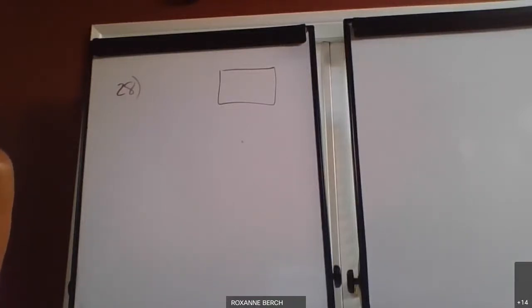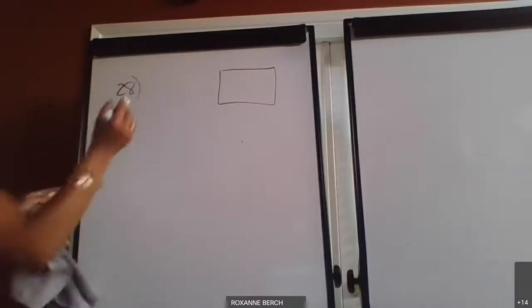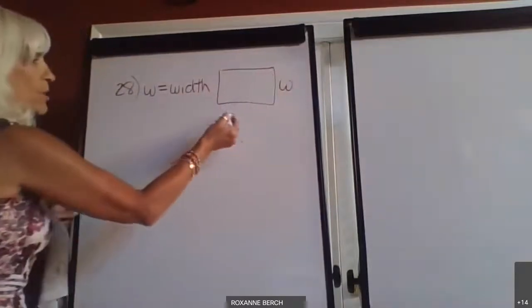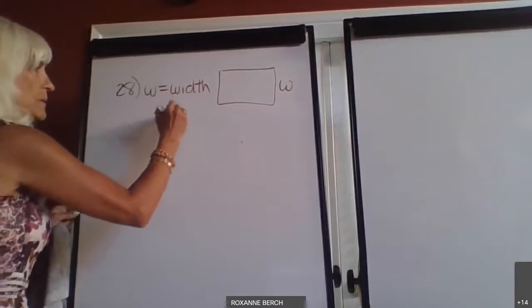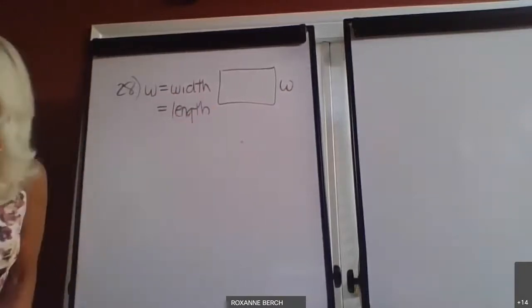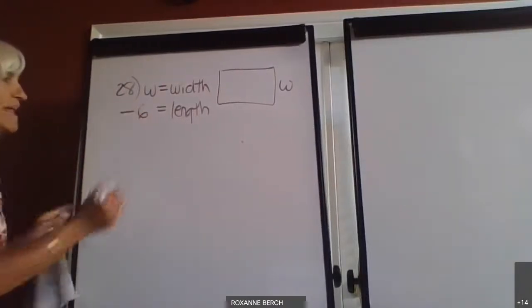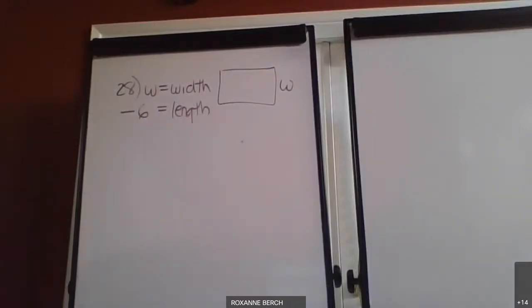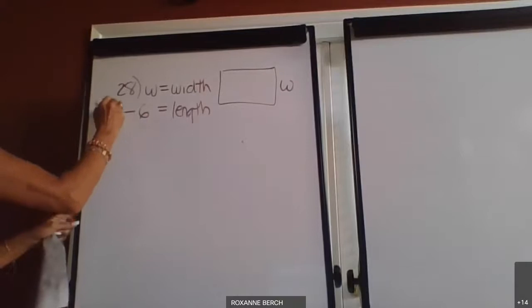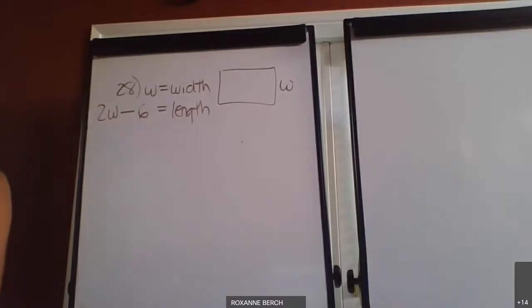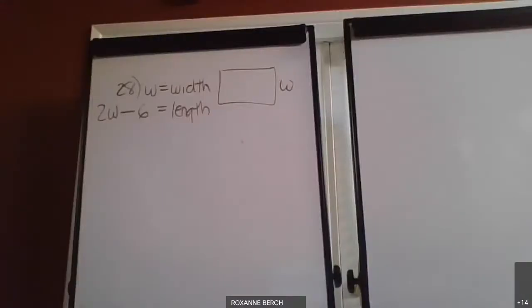Once again, I'm going to define the width and represent the length in terms of W. The length of a rectangular pool is 6 meters less than twice the width. So does that represent 6 less than twice the width? Yes or no? Yes.